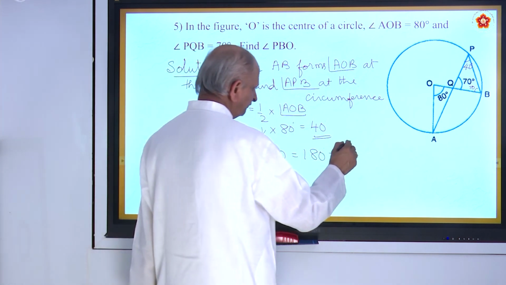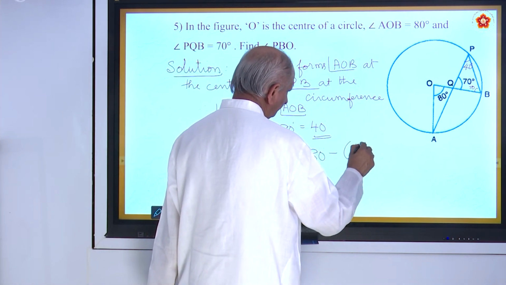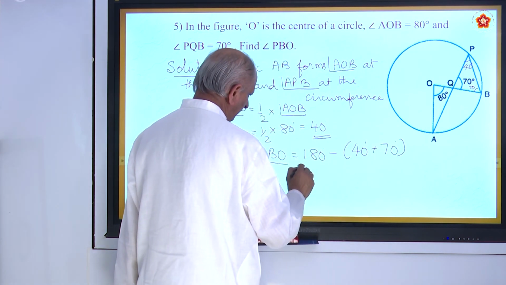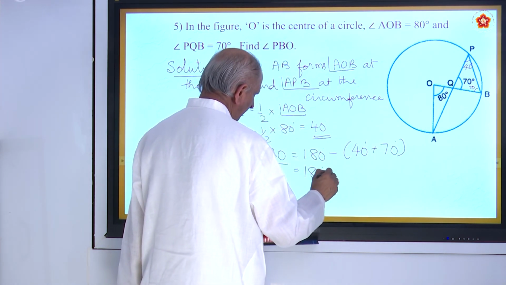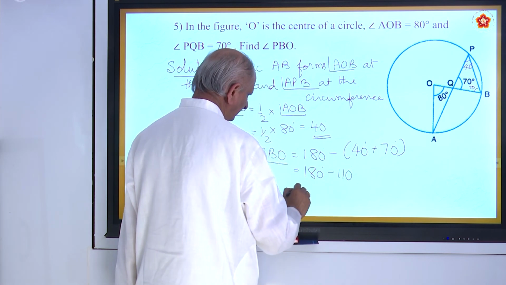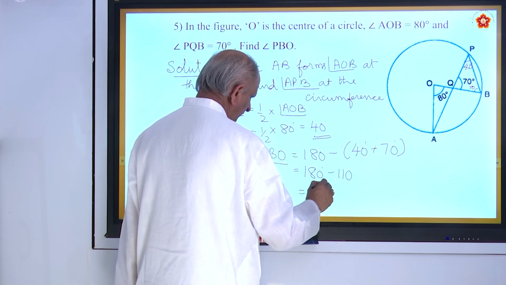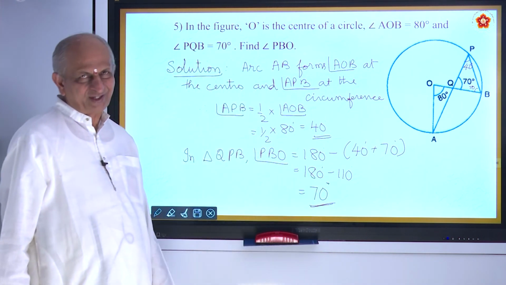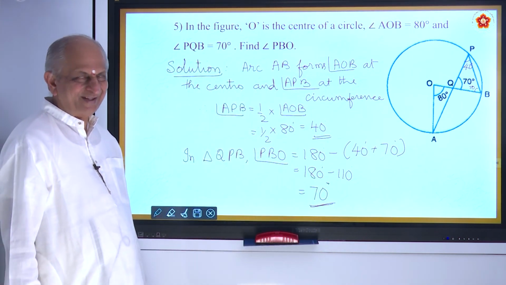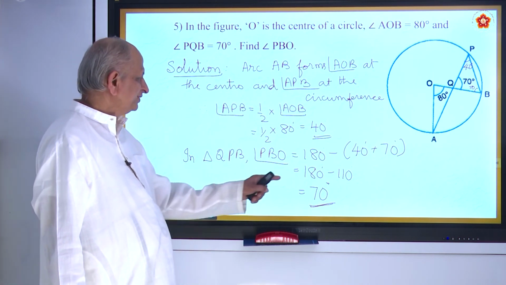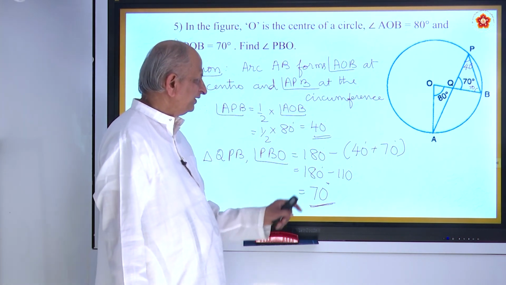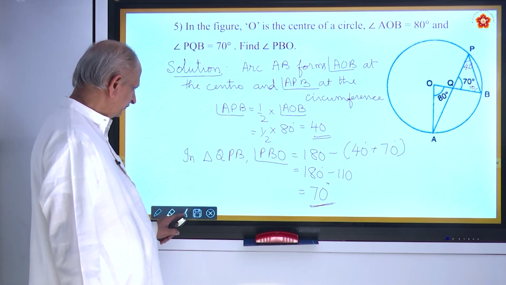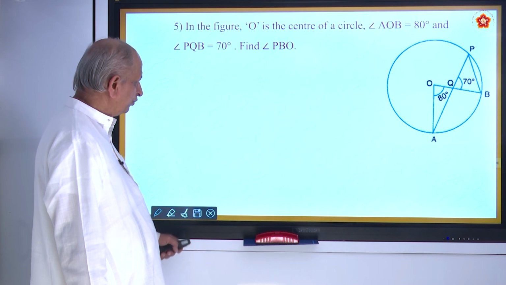Come on. One angle is 40, another angle is 70. Add these 2. You get 180 minus 110, that is 70 degrees. Beautiful answer. Okay. You got it? So PBO is equal to 70 degrees is the answer. Noted? Very nice. Shall we move on to the next one?